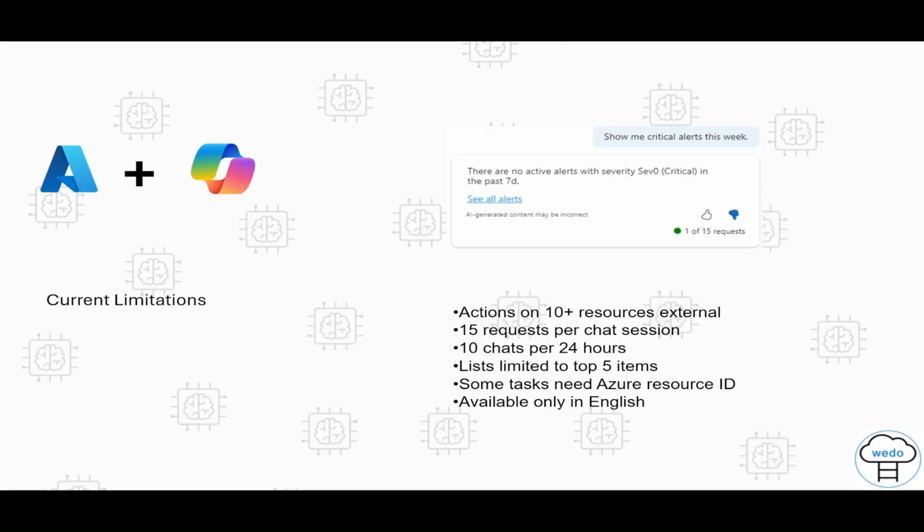So when it comes to current limitations, there are some limitations regarding Copilot. Action on more than 10 resources must be done outside of Microsoft Copilot, which means, let's say, a question regarding a graph.